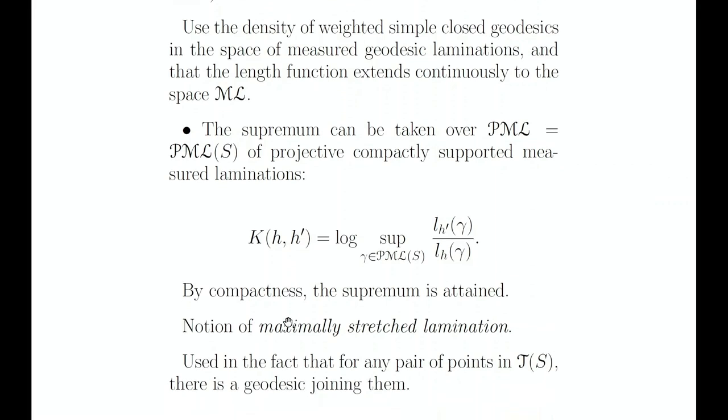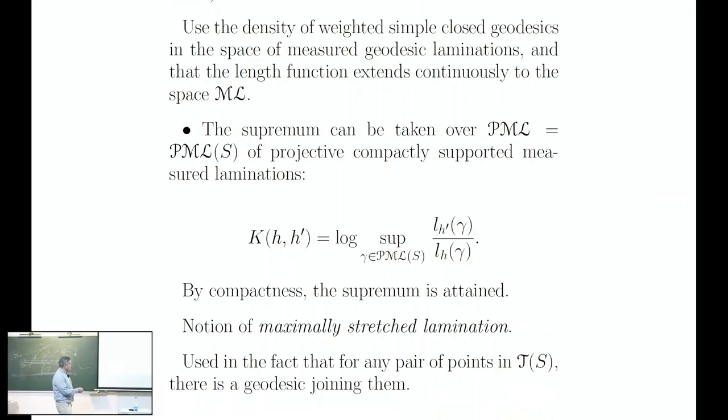Okay, so here the supremum, instead of ML, I have projective ML. By compactness, the supremum is attained, and then this tells me that when I take two random hyperbolic surfaces and I look for the best Lipschitz constant of maps between them, there is, in fact, because the supremum is attained here, a maximally stretched lamination.